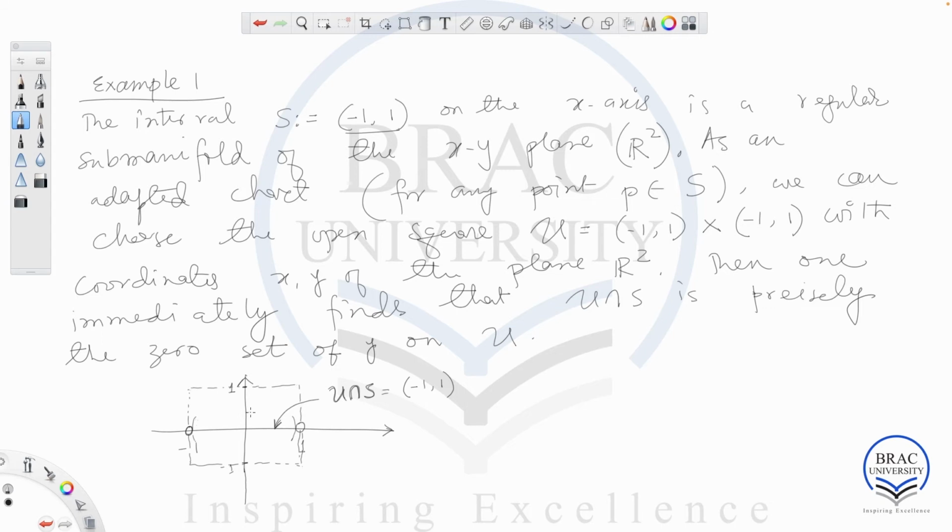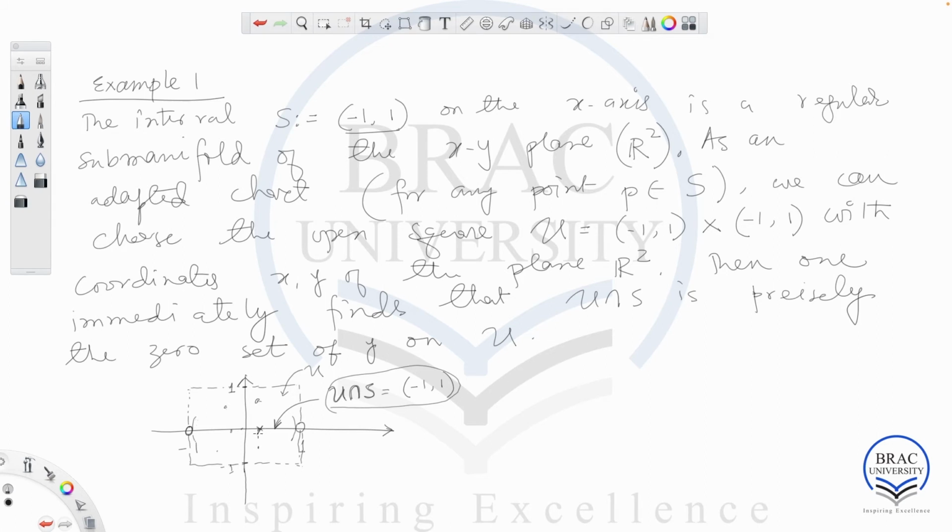If I pick up any other point on U, this open square, except for this subset U intersected with S, then the y coordinate will not vanish on those points. Only if I pick up a point from U intersected with S will this y coordinate vanish.